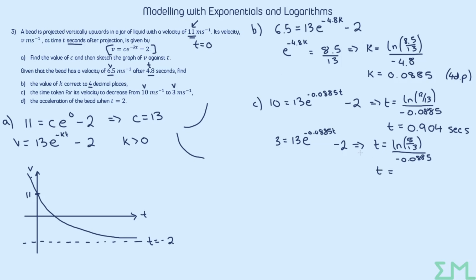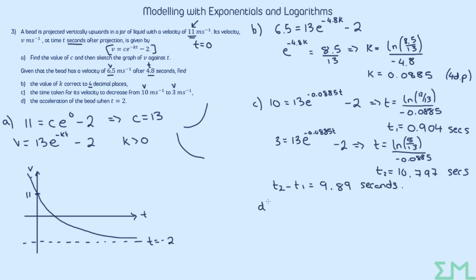Okay, and we get 10.797 seconds. So now we're just going to subtract the first amount. So if we called this T1 and this T2, we're doing T2 minus T1 to find the time it takes to go from 10 to 3. So 9.89 seconds.